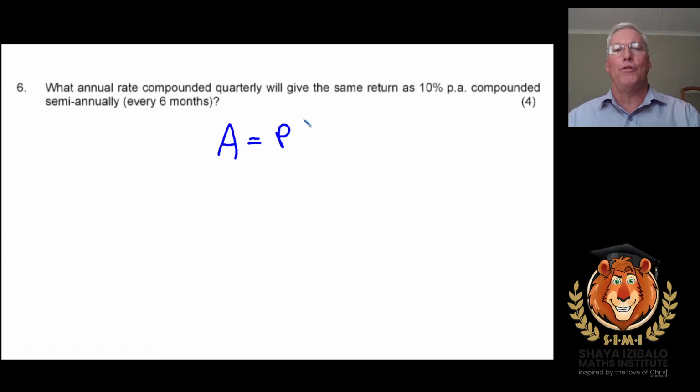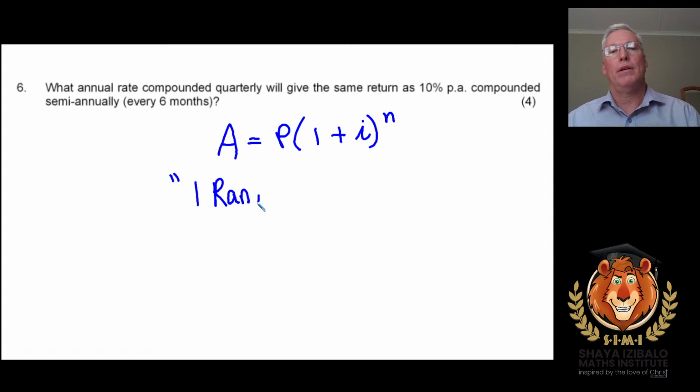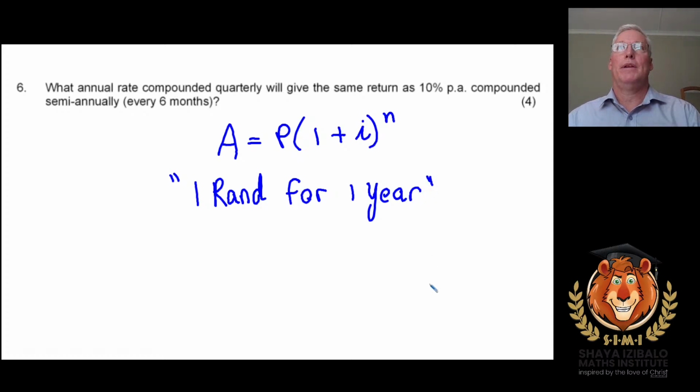We're just going to use this formula, and I'm going to consider investing R1 for 1 year. Just R1 for just 1 year. Now, just to hopefully make this a bit simpler, I'm going to use two different colors.